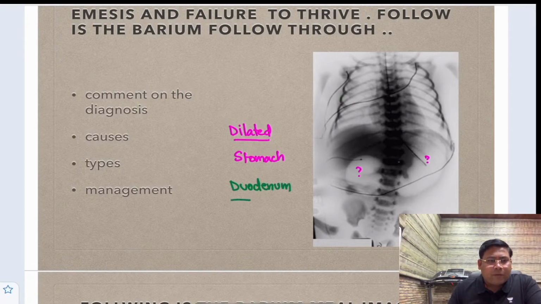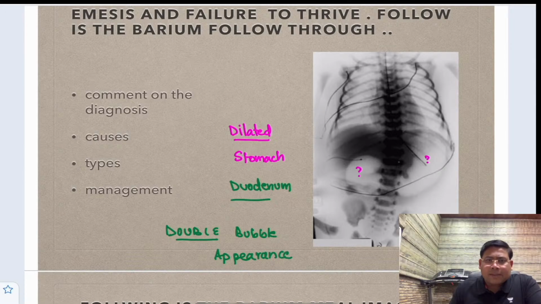But first of all, in perforation we don't do barium. It's a case of atresia. We don't do the barium in perforation because of contrast induced peritonitis. So yes, this is a classical double bubble appearance. Double bubble appearance can be seen on X-ray also. It can be seen on barium also.